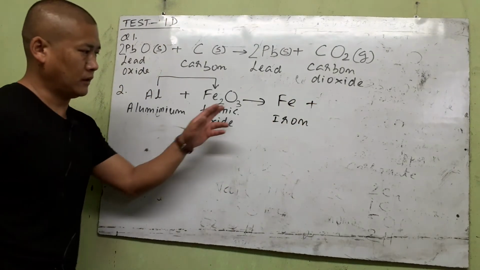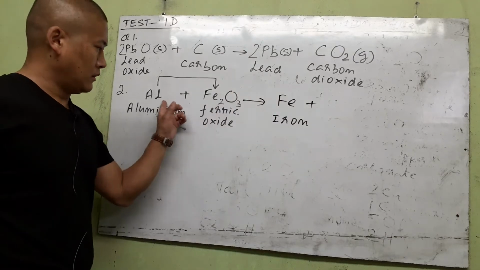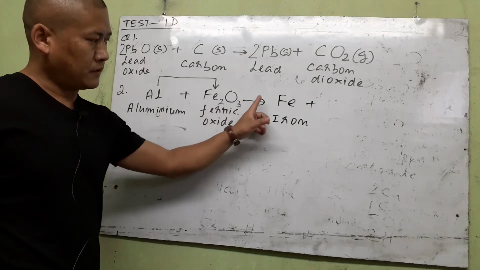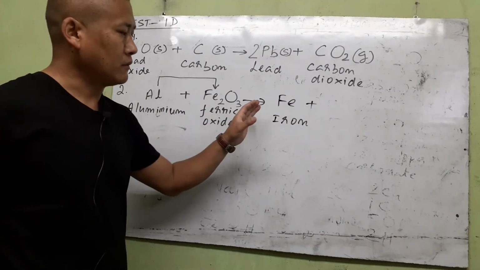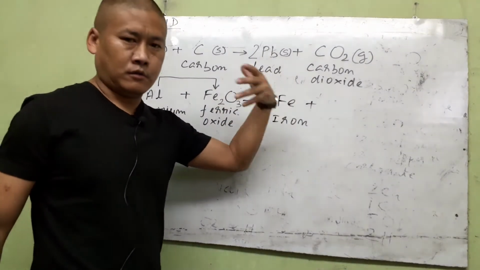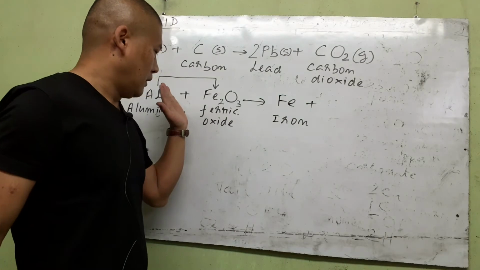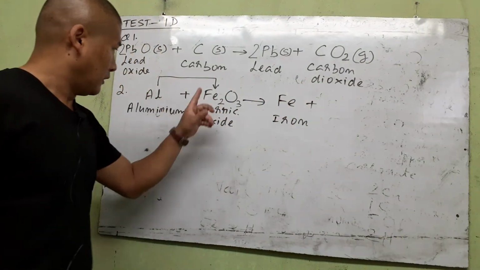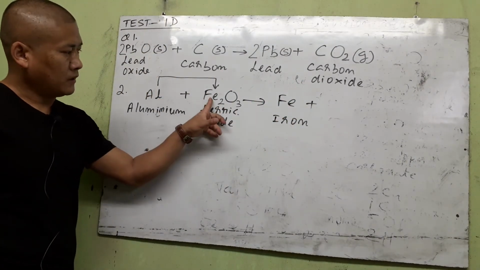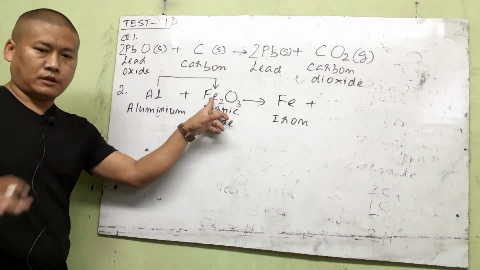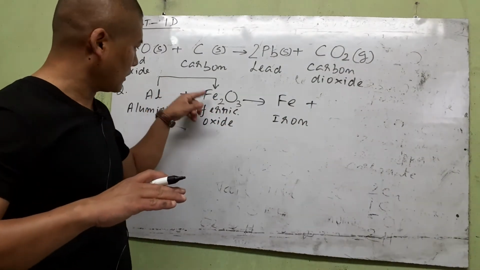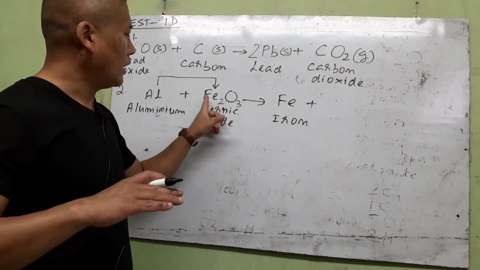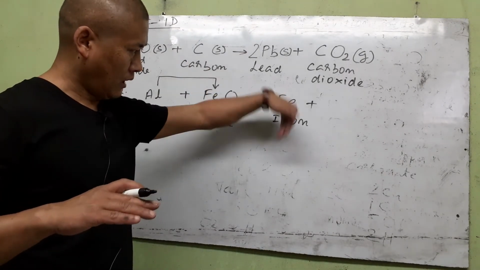Even though the textbook did not say what this reaction gives as a product, we can figure it out easily, because every displacement reaction we can find out ourselves by looking at this carefully. So aluminium is above Fe on the activity series of metals in your textbook, in other words it can easily remove or displace iron from ferric oxide, and free iron will come out.